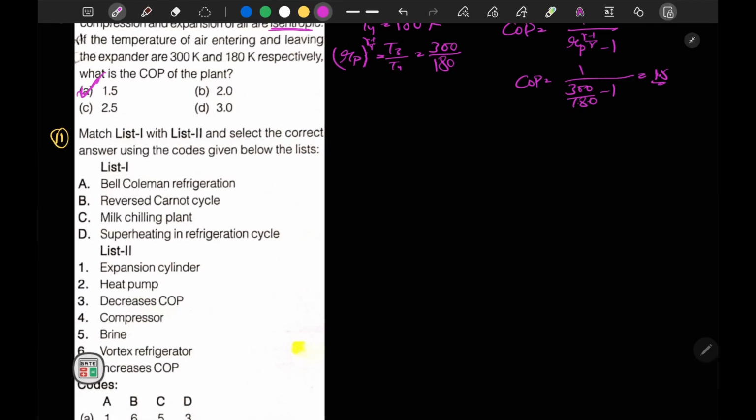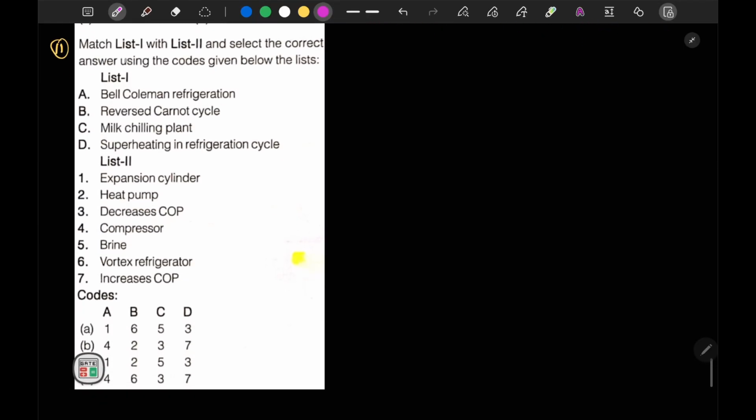Now this question is a match the list type. List 1: Bell Coleman refrigeration, reverse Carnot, milk chilling plant, superheating in the refrigeration cycle. Let's see which options correspond to which. In Bell Coleman refrigeration we use an expansion cylinder.